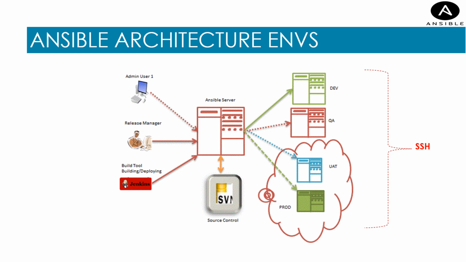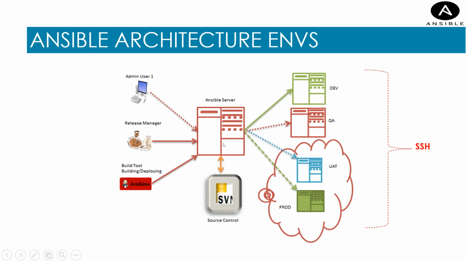The Ansible architecture environment is something you can create for real time. The Ansible server, which is the Ansible control server, is connected by admin users, release managers, or build and deployment tools like Jenkins, and all the code is in source control like SVN, Bitbucket, Git, or any other repository.